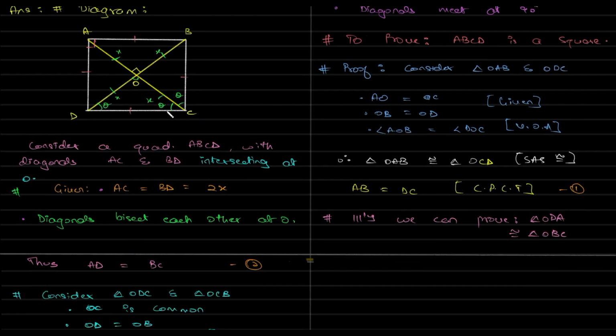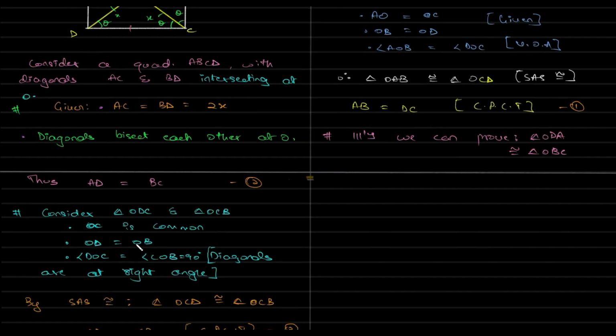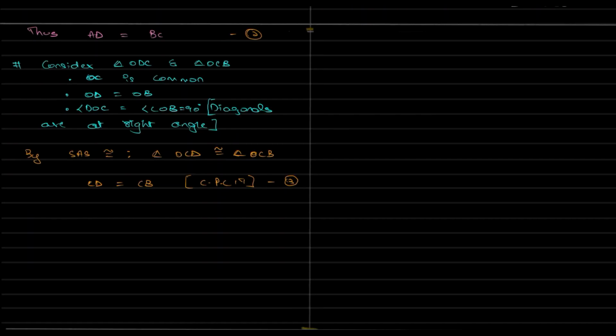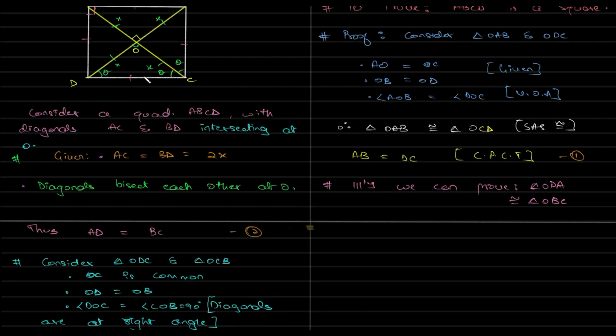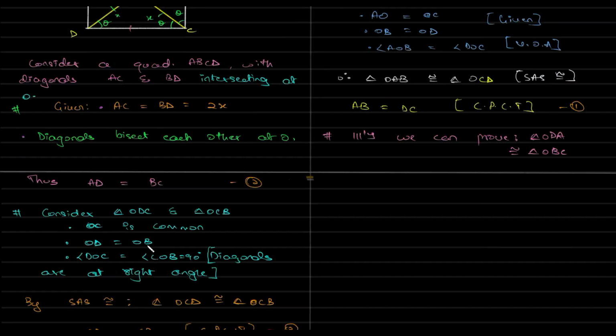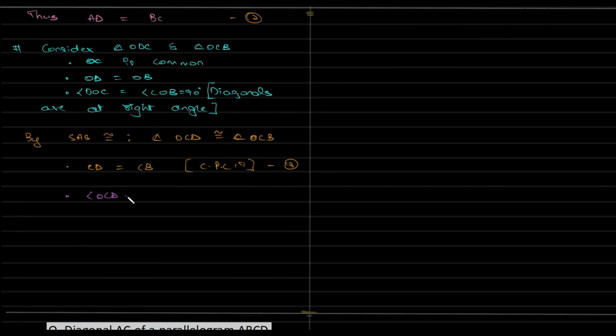Actually, let me prove that one of the angles is equal to 45 degree. Then it becomes simple. Again, there are quite a few ways of doing it. As of now, this is what I'm feeling like doing, so I'm going with the flow. So angle OCD is equal to angle OCB, which we can call theta. Again, CPCT.